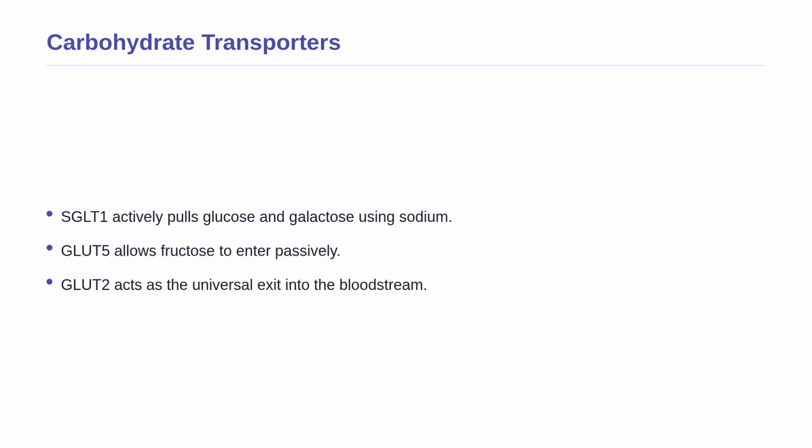Fructose, however, slips in passively through a different door called GLUT5. Once inside the cell, all three sugars exit through the bottom via a universal door known as GLUT2, finally entering the bloodstream.